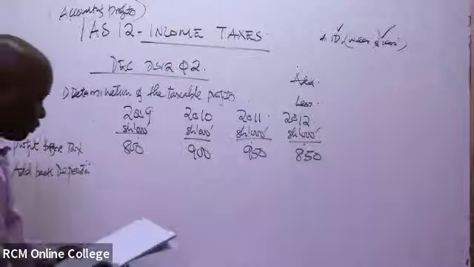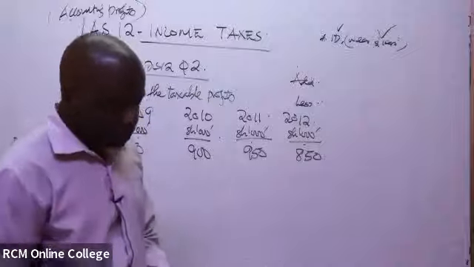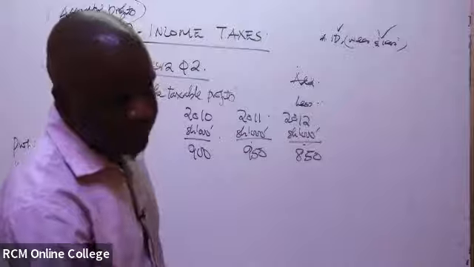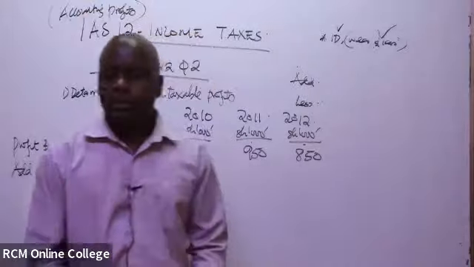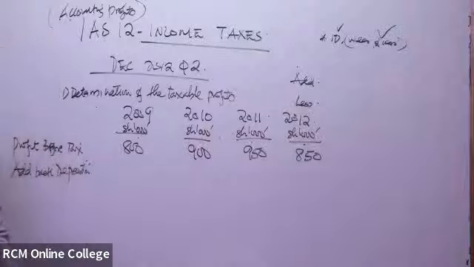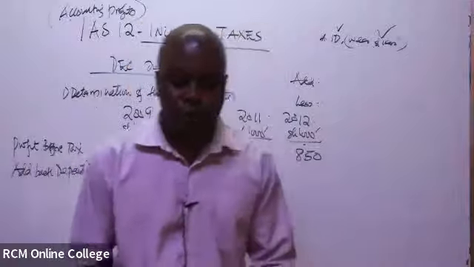And now we've actually been told that depreciation was on a straight line basis, 25% per annum. So our depreciation will be how much? It was 25% per annum straight line on the cost of this equipment.